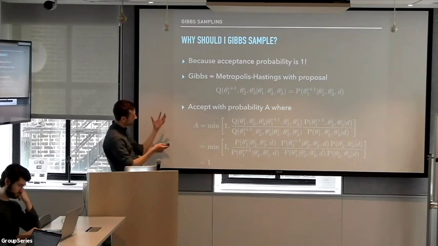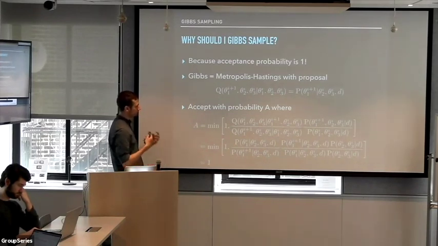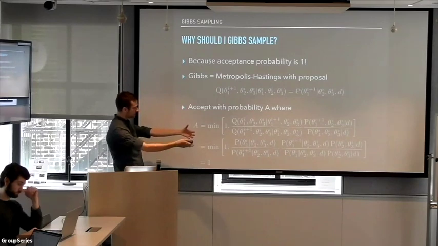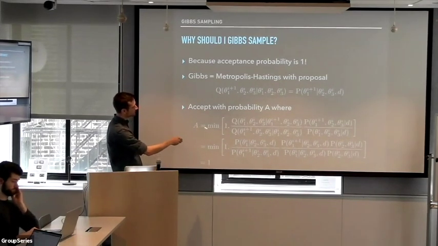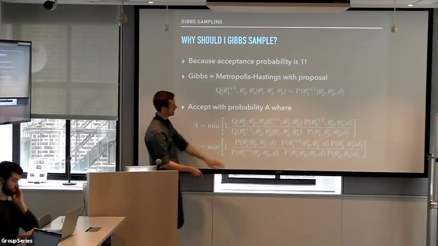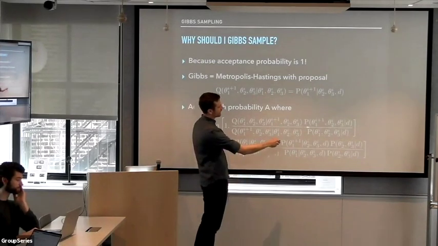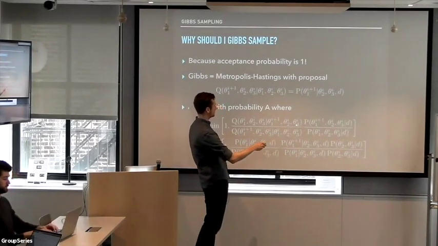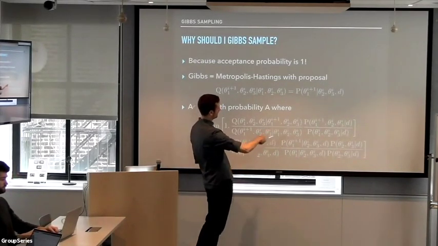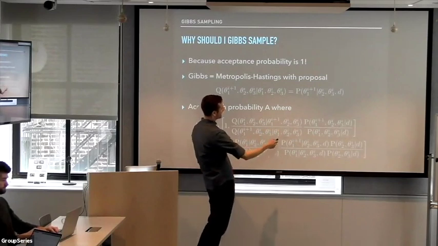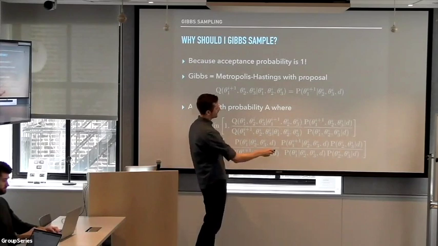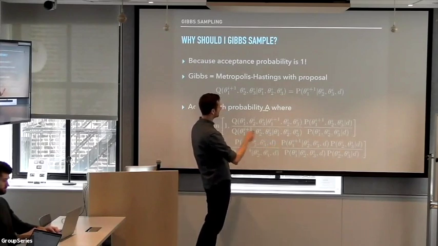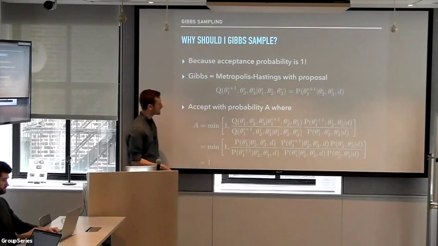And so in Metropolis Hastings, what you do is you propose some new position and then you accept it with some probability A that is the minimum of 1 and essentially these two ratios here. So it's the product of the ratio of the new posterior over the new proposal, divided by the old posterior and the old proposal.